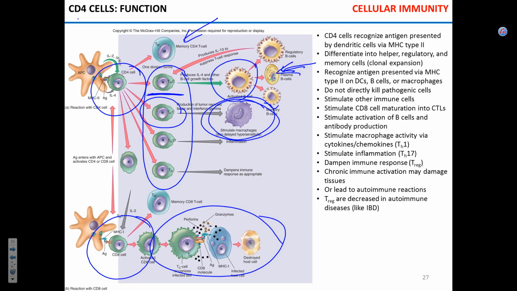Now, think about this. You get rid of coaches. You have your quarterbacks and linebackers and wide receivers. The only thing you're missing is the coach. Well, if you're missing CD4 cells, then you have virtually no B cell activation. Your macrophages aren't activated sufficiently to phagocytose the pathogen.